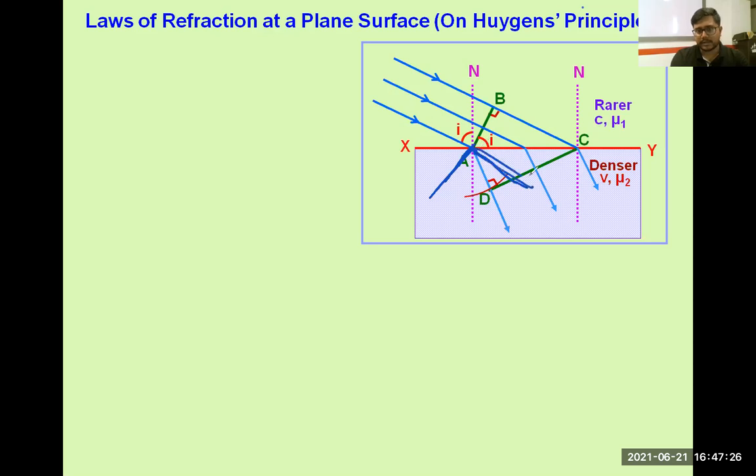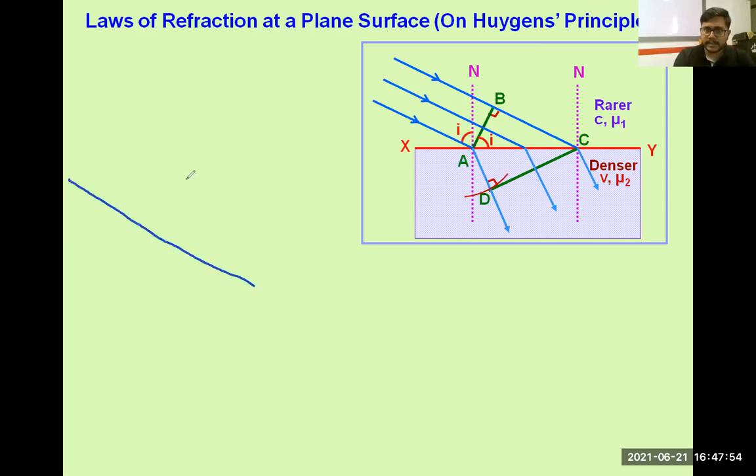If this angle is I, we can say this angle is also I. This angle we don't know, so we can say it is 90 minus I. When you observe this angle, the complete angle will be 90 degrees, and in order to make this complete angle 90 degrees, this angle has to be I. Let me explain here.